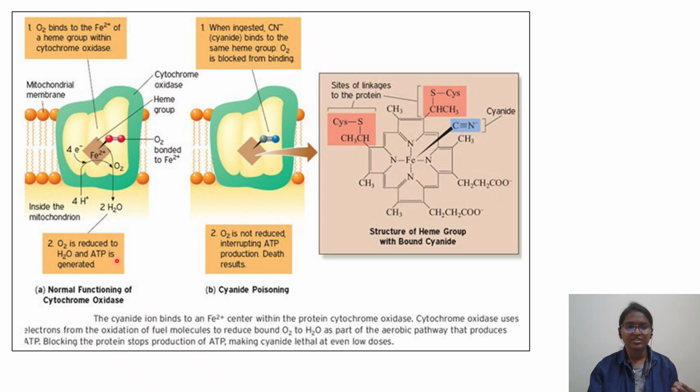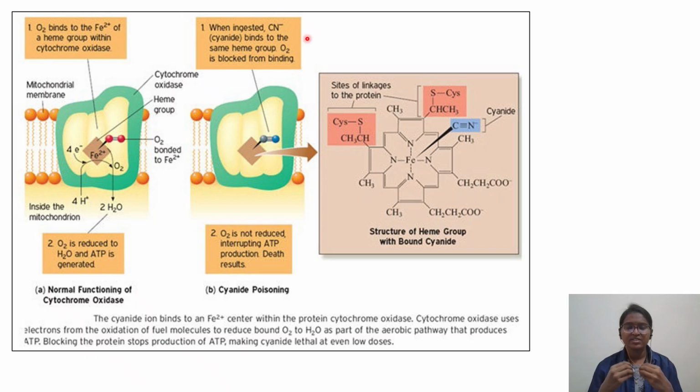Blood brings oxygen to the mitochondria, particularly cytochrome oxidase, where the heme group Fe+2 is present, and reduction takes place, converting molecular oxygen into water as well as ATP. So this is the normal functioning of cytochrome oxidase. What happens when cyanide poisoning is there?